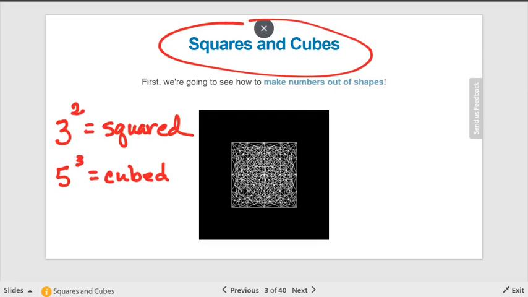So if I asked you to write 6 cubed, what do I mean? 6 to the power of 3, right. If I asked you to write 10 squared, what would you write? 10 to the power of 2. Good. So you're going to see squares and cubes quite often.